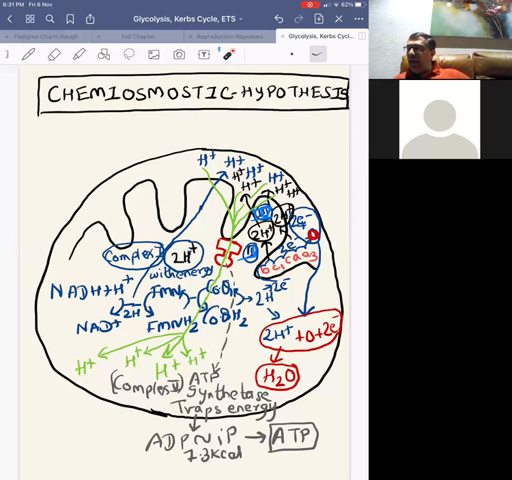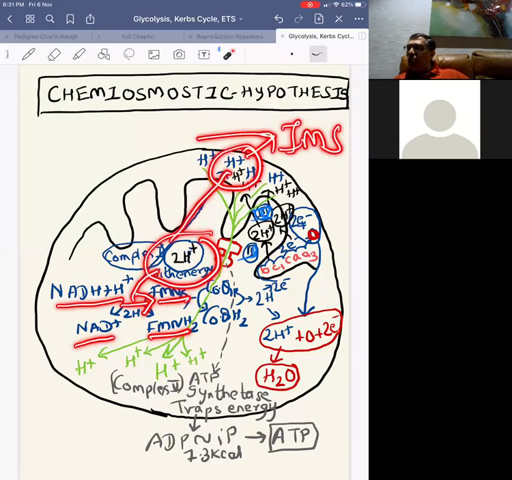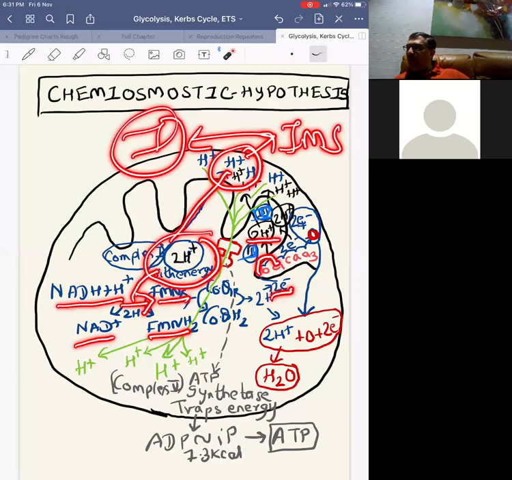So, carefully: in NAD to FMN hydrogen transfer, protons with energy went into the intermembranous space, and that was called complex 1. And in B to C1, again protons with energy, as the electron went from B to C1, were pushed into the intermembranous space.